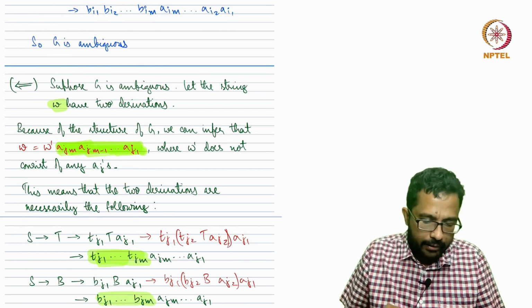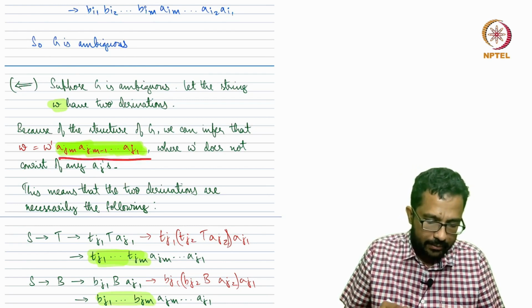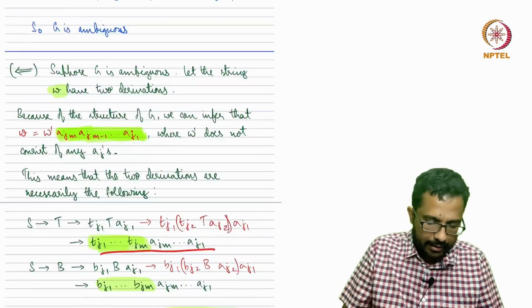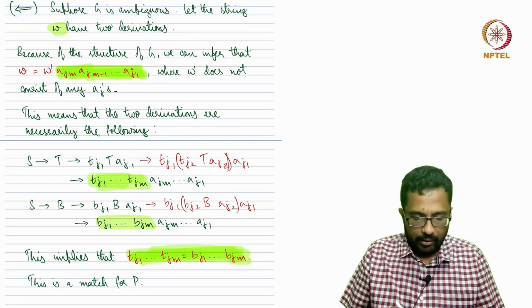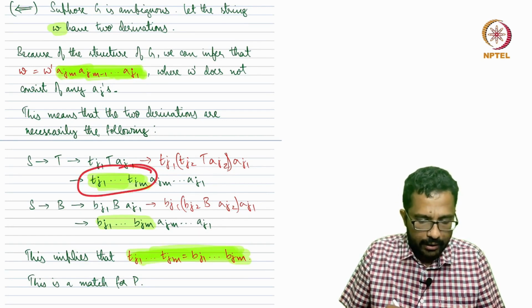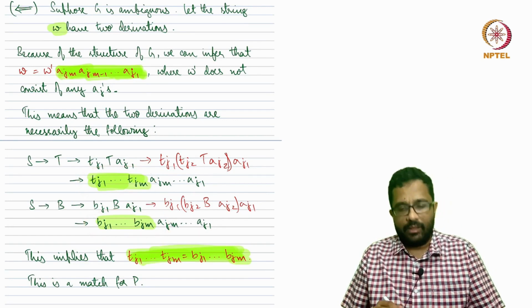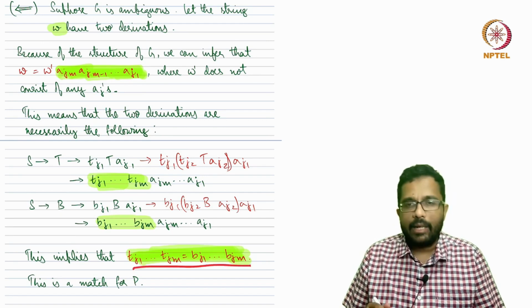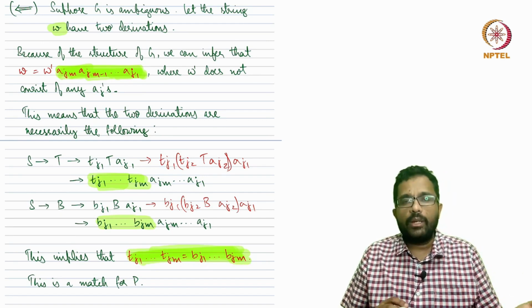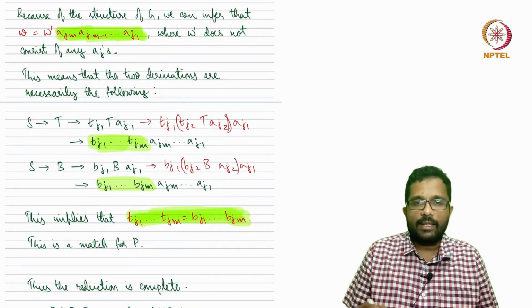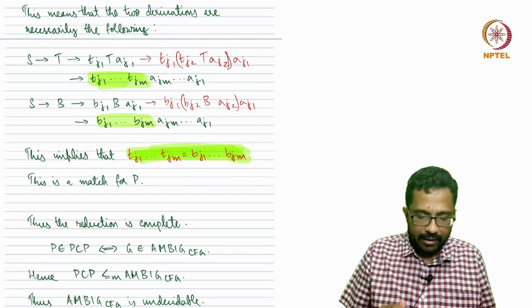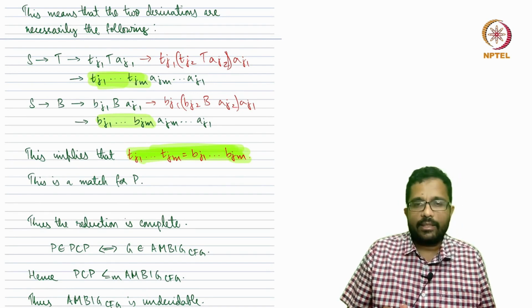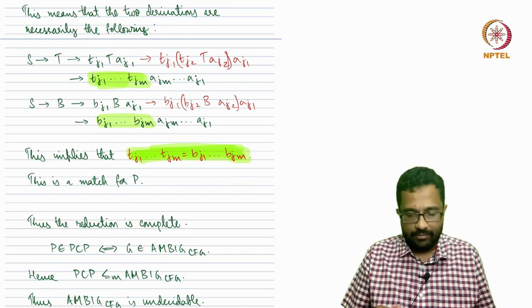So the only 2 derivations possible that give us this suffix are this as well as this, and that gives us that Tj1 up to Tjm is equal to Bj1 up to Bjm, which gives us a match for the PCP instance. So ambiguity implies a match and match implies ambiguity. Hence the reduction is proper, and that gives us the reduction from PCP to ambiguous CFG.